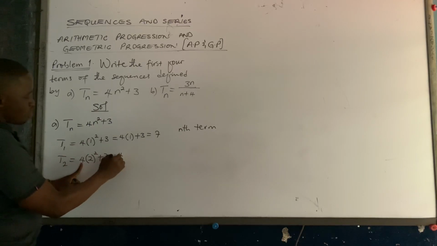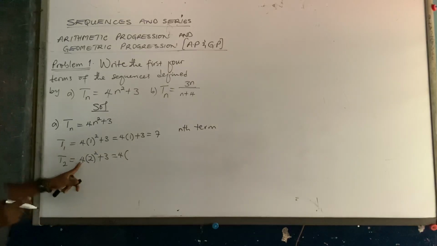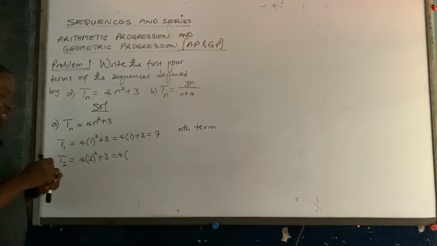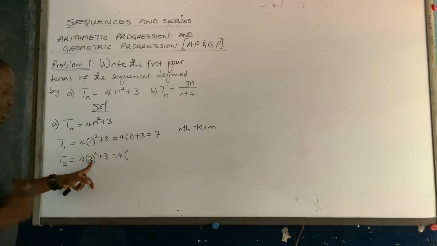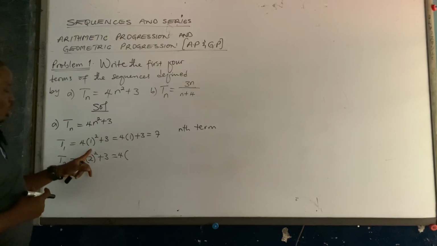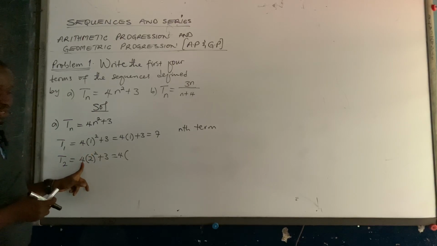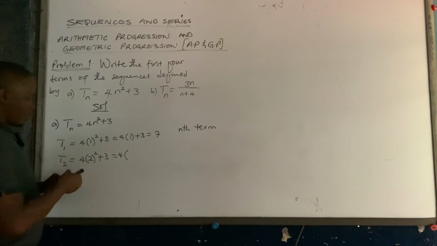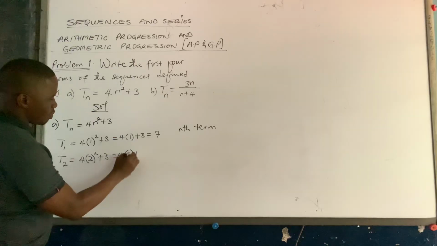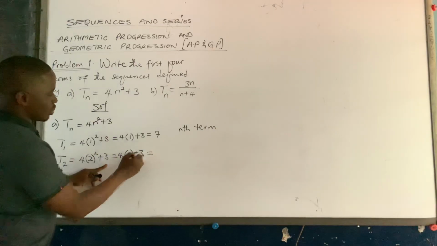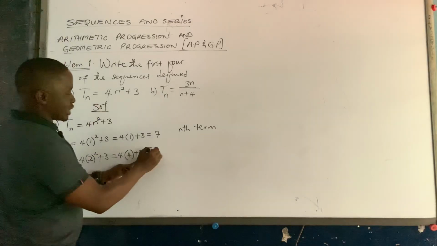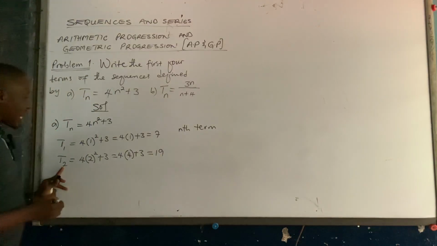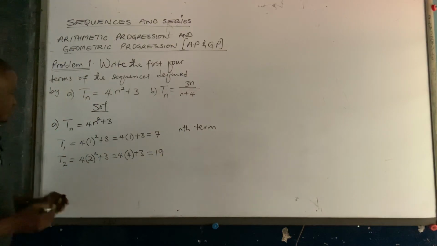Whenever a value is to be multiplied by an index value, we need to do the power first. 2 squared is 4, plus 3. So 4 times 4 is 16. 16 plus 3 is 19. So the second term of the sequence is 19.